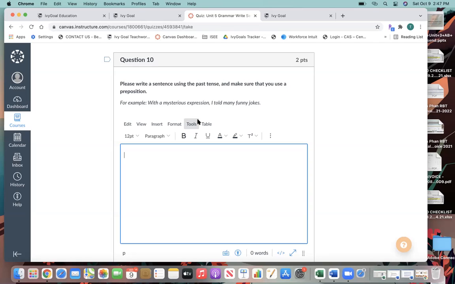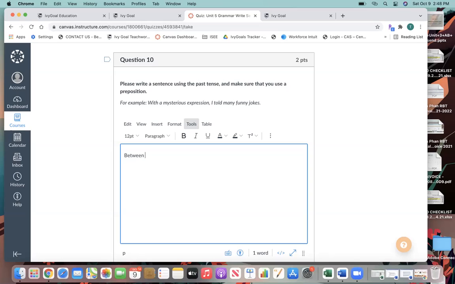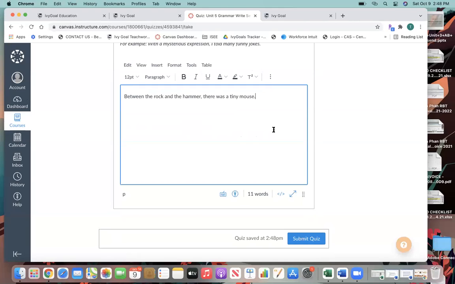Between the rock and the hammer, there was a tiny mouse. We're using past tense there. That was a great sentence.